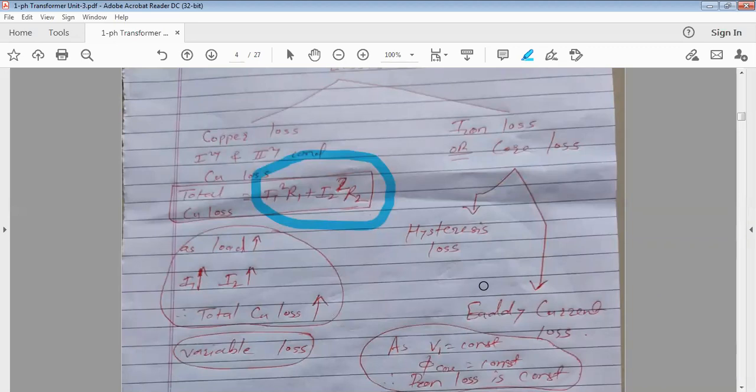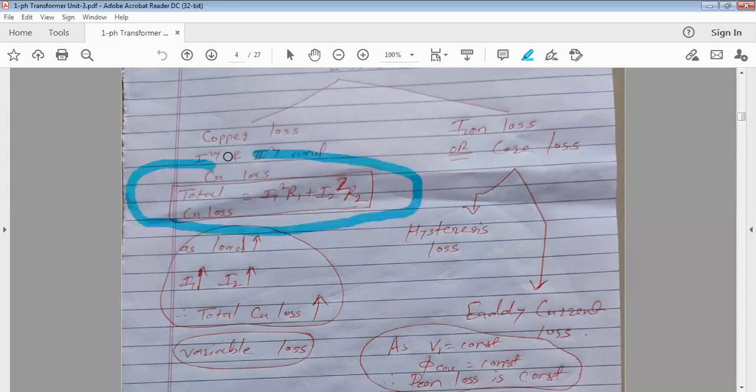What about the resistance? R1, R2. So what will be the copper loss on the primary side? I1 square R1. On the secondary side? I2 square R2, isn't it? So what will be the total copper loss in the transformer? I1 square R1 plus I2 square R2. Got it? Now what we have seen, as you go on increasing the load on the transformer, what happens with I1 and I2?